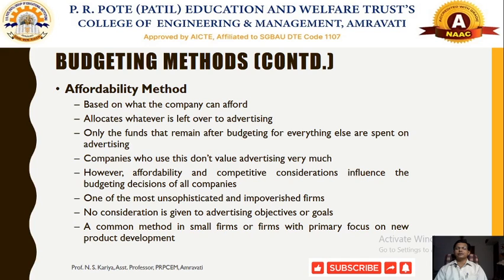Particularly most small business firms prepare their advertising budget using this affordability method. The primary focus of most of these smaller business firms is on new product development and prototypes, so they do not consider it feasible to make heavy expenses on advertising, and they reduce their advertising budget.